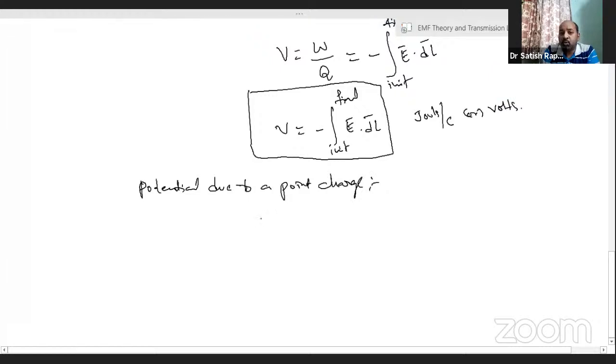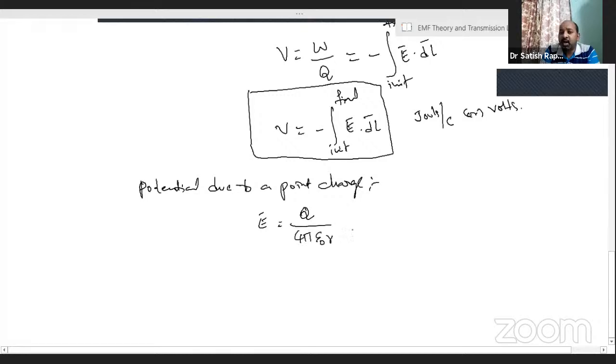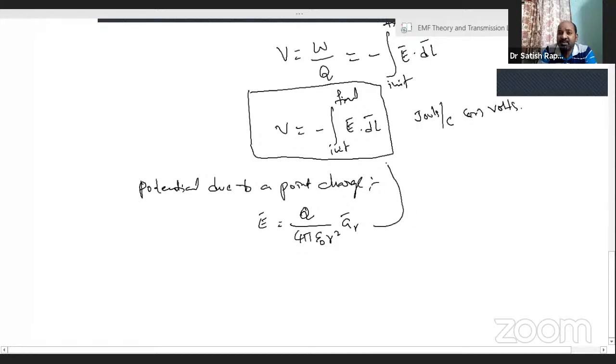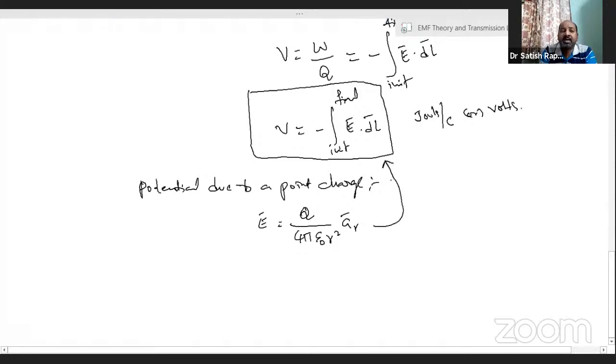So what is electric field due to a point charge? E bar is equal to Q by 4 pi epsilon naught R square AR bar. So this is the electric field due to a point charge. If you substitute electric field in this expression and integrate, you'll get potential due to point charge.